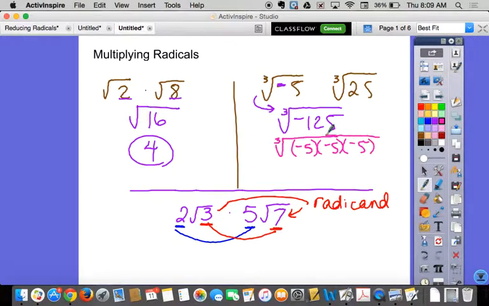Would that work? 2 negatives make a positive, so these 2 would cancel each other out, and then I would have 1 negative left over. Yes, cube roots can be negative. That's okay. That means your answer is just going to be negative. So not a problem for a cube root to be negative.